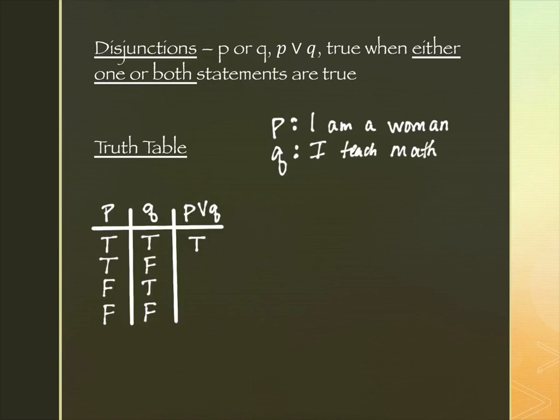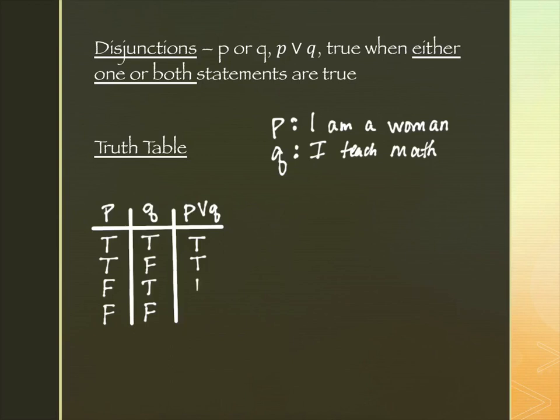If Dr. Rohr walks in and she says, I'm a woman or I teach math, once again, the statement would be true. One statement of it, namely that she's a woman, is a true statement. So we have a true statement when she walks in and says that. Dr. Drake walks in and he says, I'm a woman or I teach math. Again, you might be like, well, why'd you even say that, right?